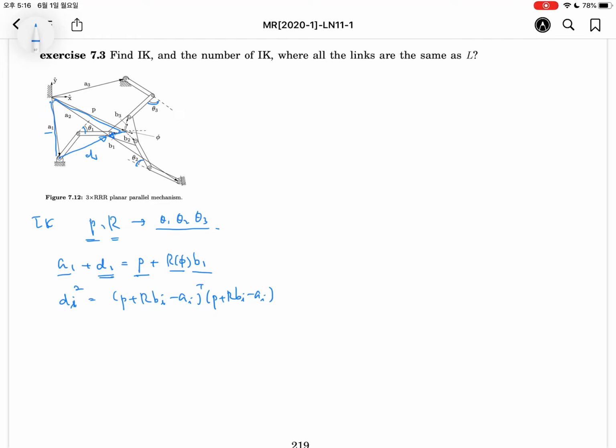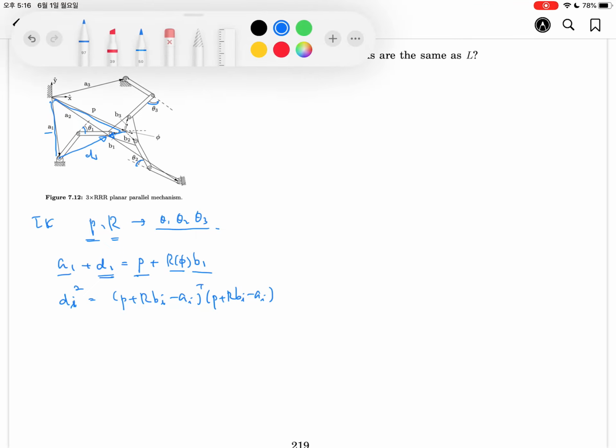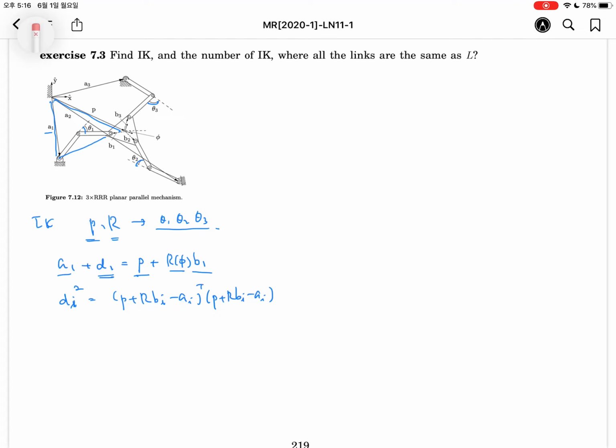The square value of the vector is the magnitude as a scalar, so we can write down the transpose operation of the same vector. Okay, this is the standard procedure to solve the inverse kinematics. It's not difficult, so let's consider.